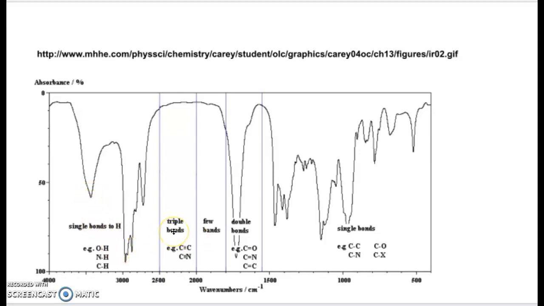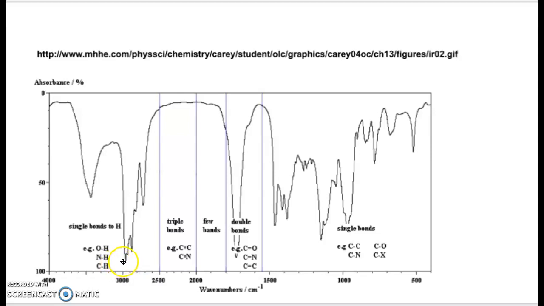So it just looks upside down to a lot of people, but we still read the graphs this way. So in that purple sheet that hopefully Mr. Humphreys has given you, it has various ranges of IR spectra that indicate specific bonds. So this has some listed on it here.